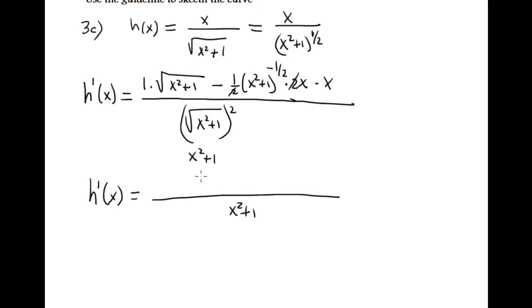Okay, the derivative of this part, times, don't forget the numerator, which is x. This 2 is cancelled. Okay, we have h prime of x equal to x squared plus 1 in the denominator, radical x squared plus 1, minus x squared. Where does x squared come from? x times x, and this is a negative exponent, a reciprocal.